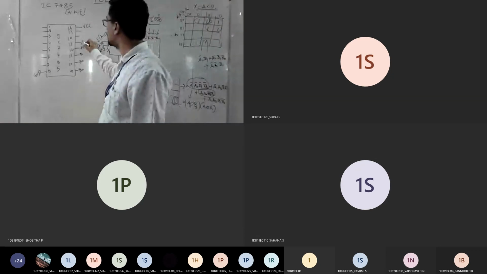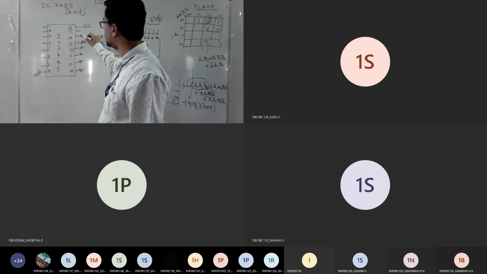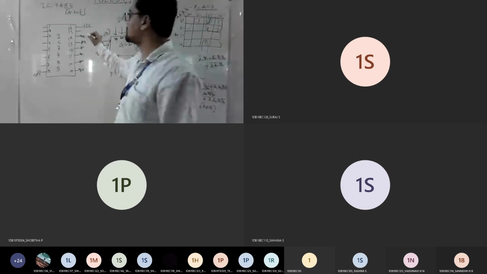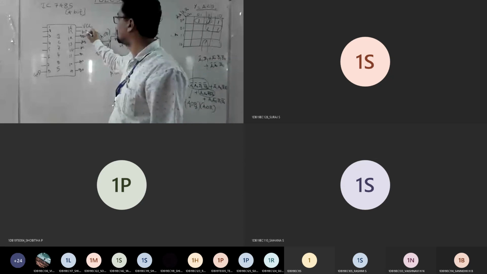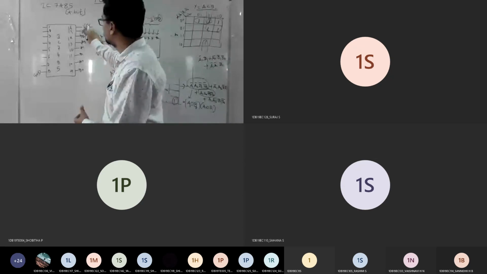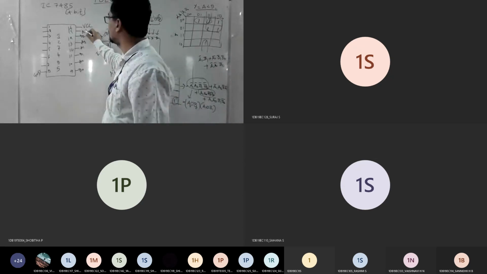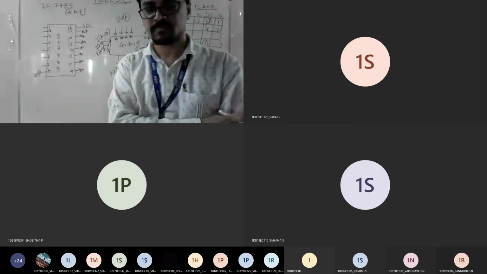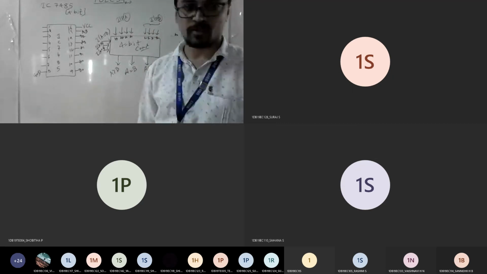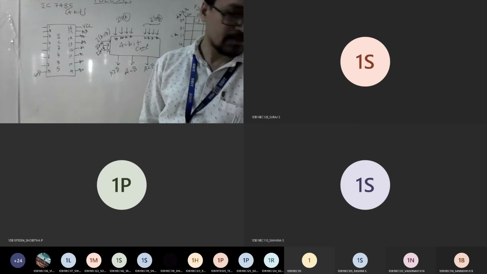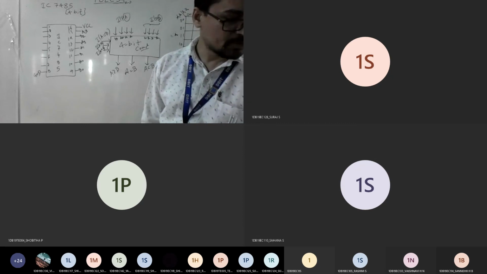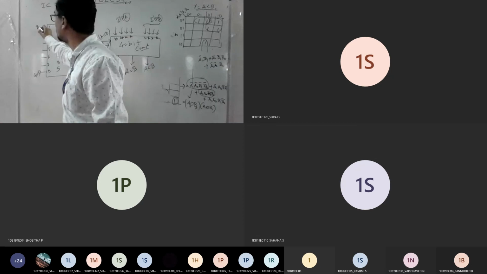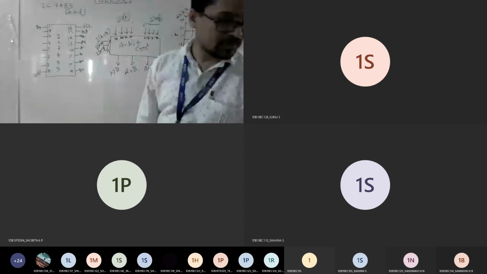Pin number 13 is A2. Here it is B2. And pin number 15 is A3. Just make a note. So these are the connections for your IC. Then you will have B2 here and B3 is at pin number 1.